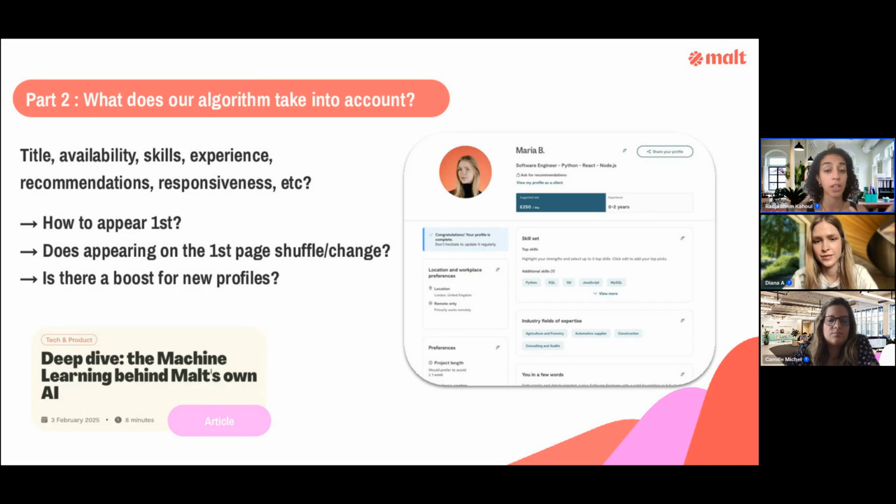For example, you can invite a client on Malt. This is actually something that could be super helpful for you to get the 10 days payment, etc. You also have less fees when inviting a client. And the idea is it also boosts you on the platform because you have a project, you have a rating, etc.